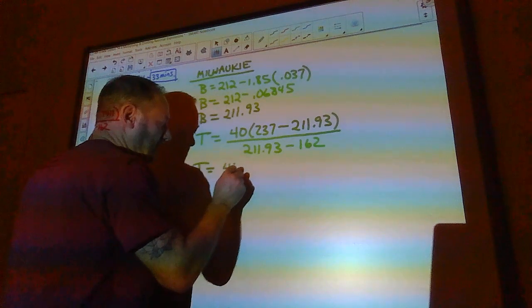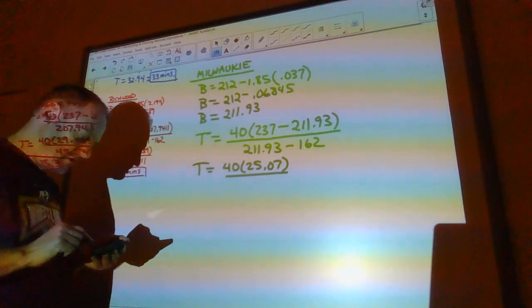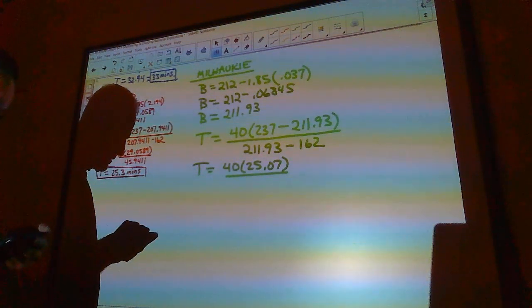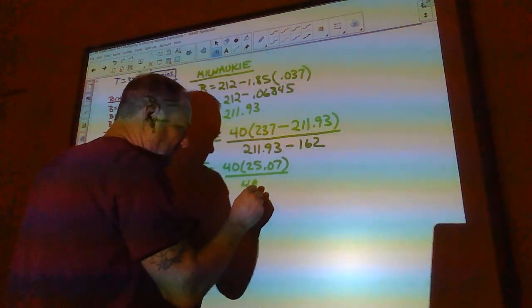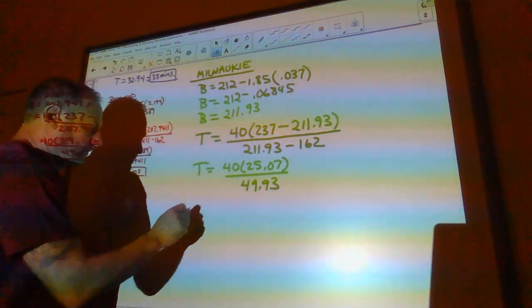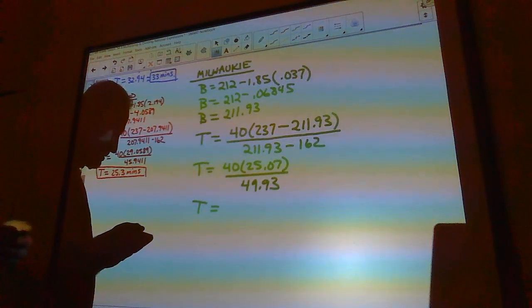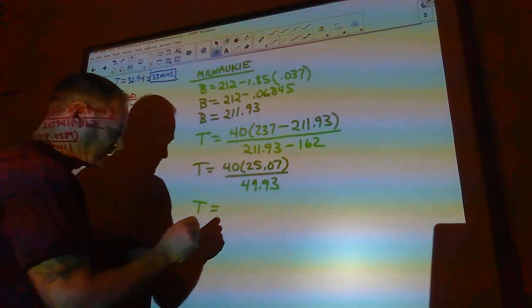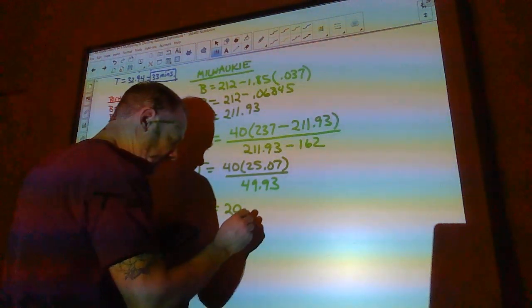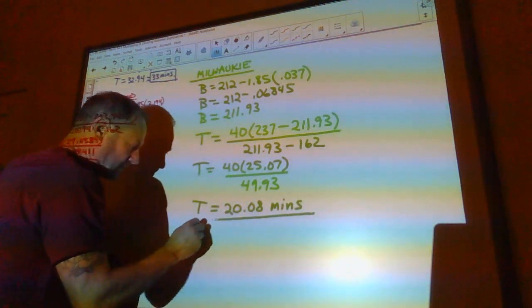T is going to be 40 times 25.07 over 49.93. Now I can go ahead and calculate that. It's going to come out to be 20.08, so basically 20 minutes.